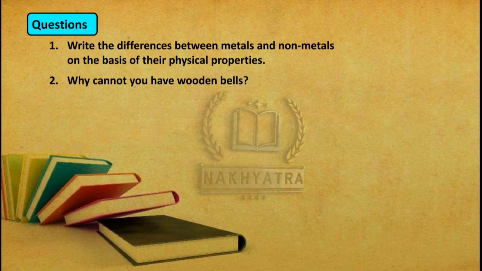Whereas we use metallic bells because they have the property of sonority and produce a ringing sound when struck with each other or with any hard object. So metallic bells ring, whereas wooden bells do not ring.